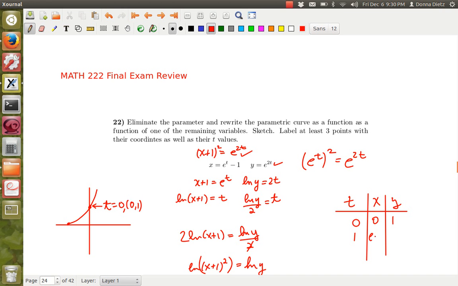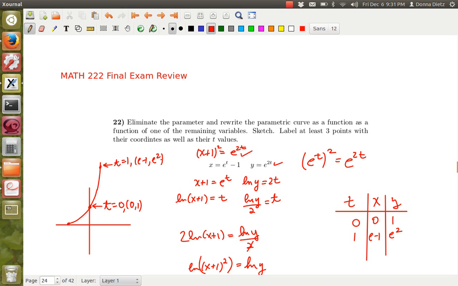It's going to be x is e minus 1. And the other one's going to be e squared. Now, for the purposes of ballpark estimation, e could just be 3. So you're talking about like 2, 9. So it's going to be way up here somewhere. Okay, so t is equal to 1, and then you're going to get e minus 1, e squared.